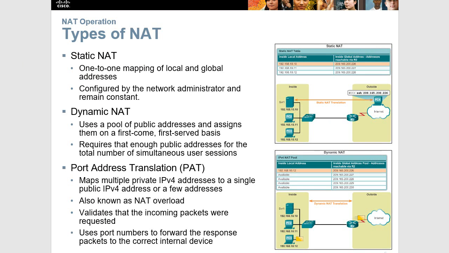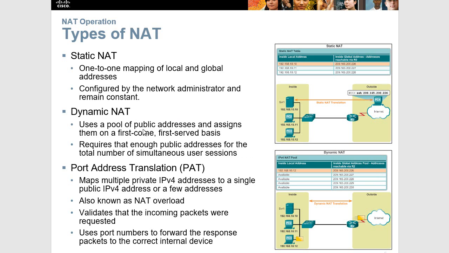It's a one-to-one mapping configured by the network administrator that remains constant. There's no jumping around, and they don't dynamically configure like dynamic NAT would. They just stay put. They aren't dropping addresses and adding new addresses. That's what's going to happen in dynamic NAT.